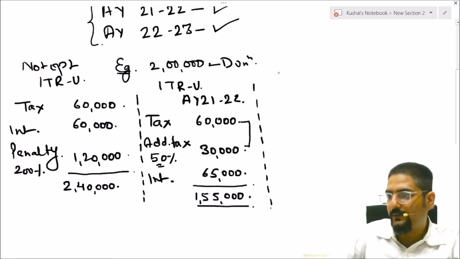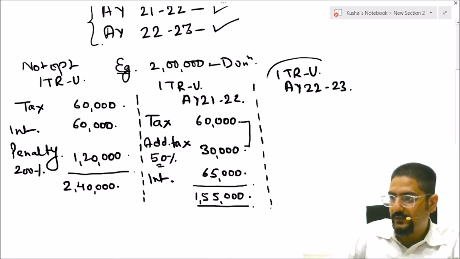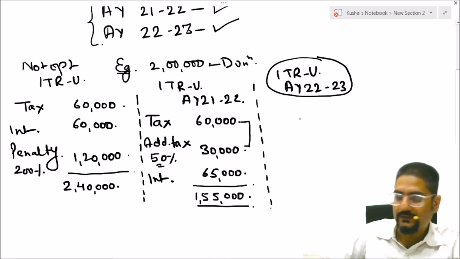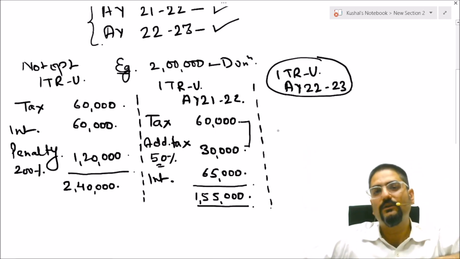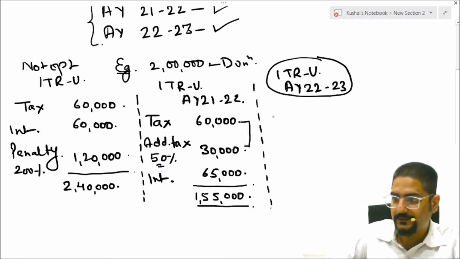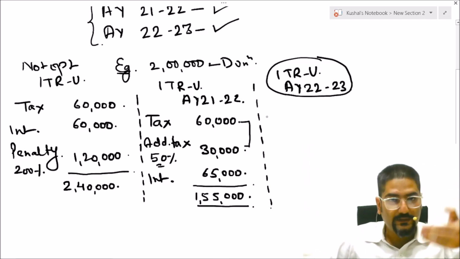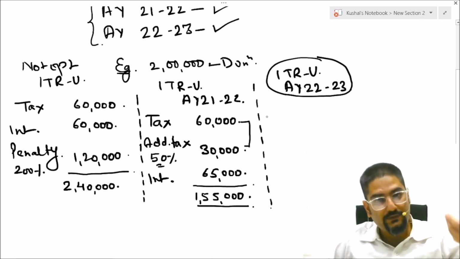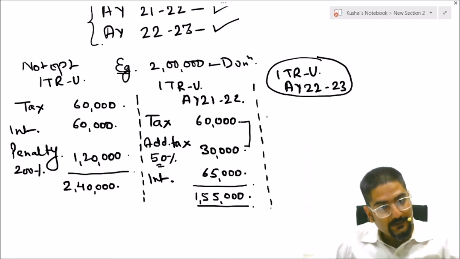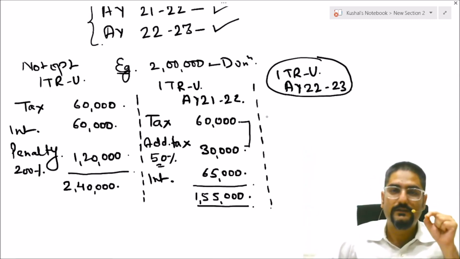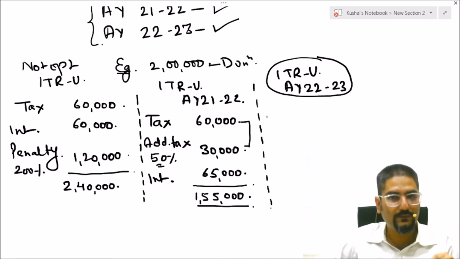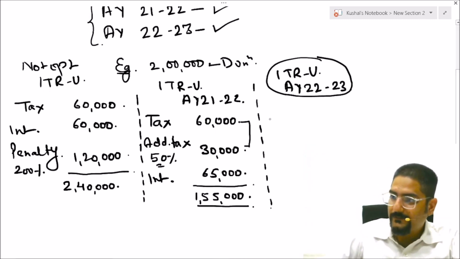Now let's come to the next case. If you opted to file ITR-U and the case pertains to AY 22-23, this would be the most beneficial proposition, because here the additional tax rate is not 50% but 25%, right? So it would be better for you to file it as soon as possible, because you will save on the additional 25% of taxes as well as interest liability of section 234B and 234C.